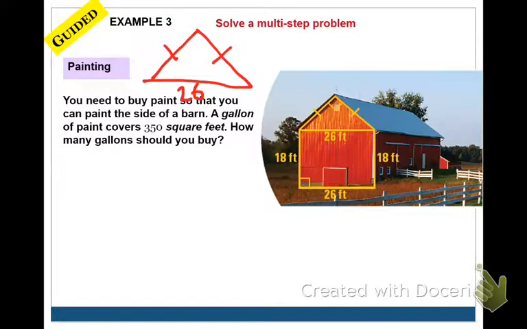So how I can do it is, this is a 45, 45, 90 triangle, right? This would be 45. If it's isosceles, it's a 45, 45, 90 triangle.